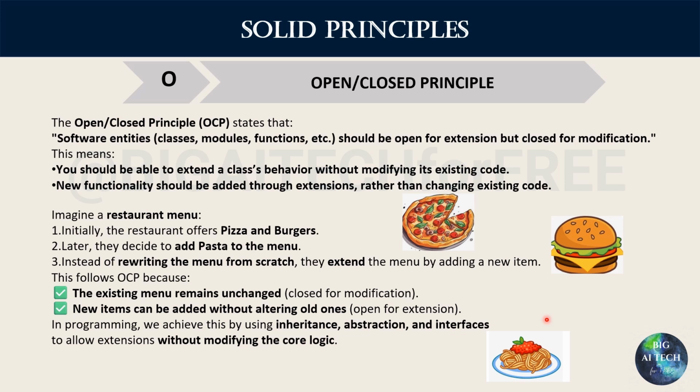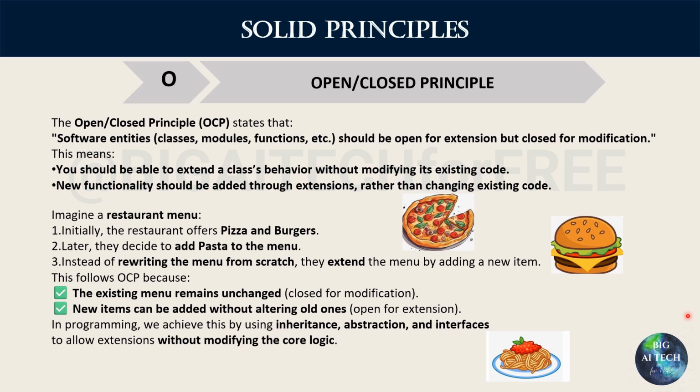That is, it's open for extension. So closed for modification means the existing menu remains exactly the same, and open for extension means we can add new items. So in programming, we can achieve this through inheritance, abstraction, and interfaces to allow extensions without modifying the core logic.